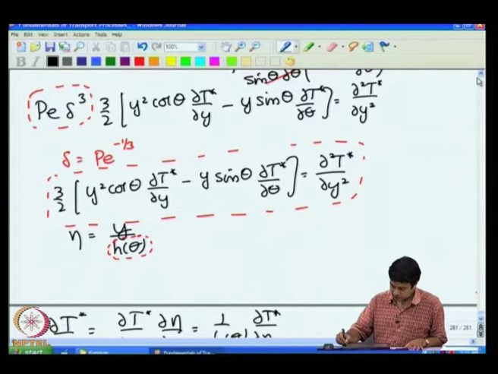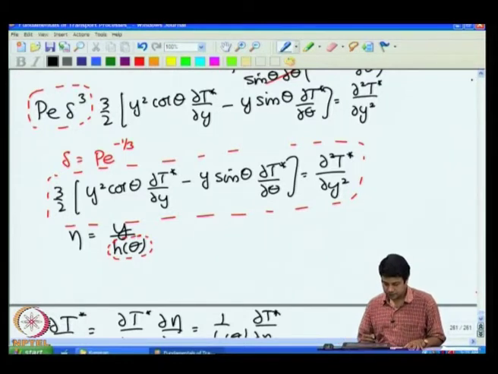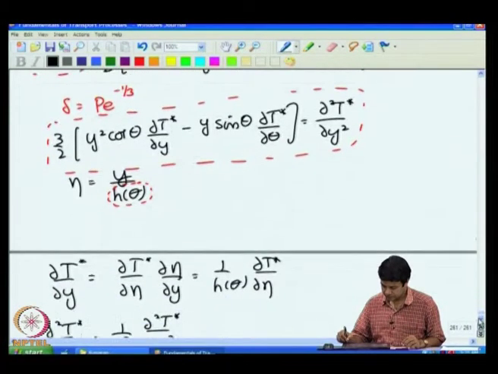So, we put this all into the original differential equation, 3 by 2 y square cos theta dT by dy minus y sin theta dT by d theta is equal to the second derivative.